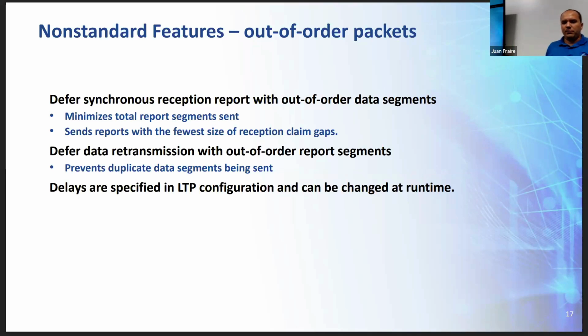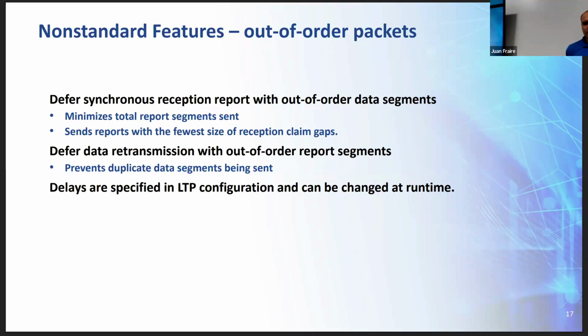So one thing we implemented, at the receiver, we can defer a synchronous reception report if there's out-of-order data segments, and that's going to minimize your total report segments sent. You're going to have the smallest reception claim size. And at the sender, we can defer data retransmission when report segments come in out of order.